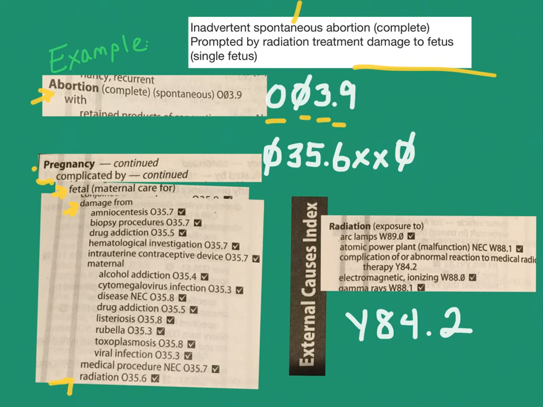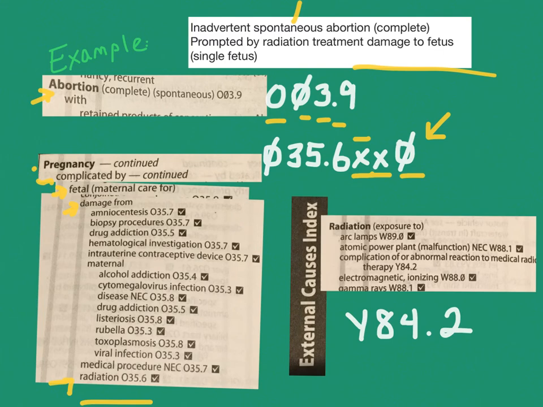This leads us to code O35.6. Again, we always check the tabular list where we will pull in our placeholders as needed because we have to pull in the 7th character 0 for a single gestation, remembering these 2 X's here to fill in those values to make sure the 0 is in the 7th character spot.